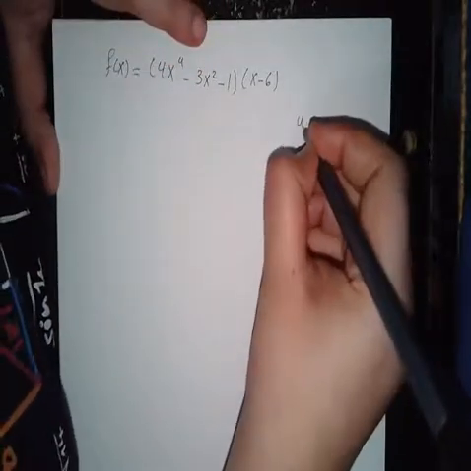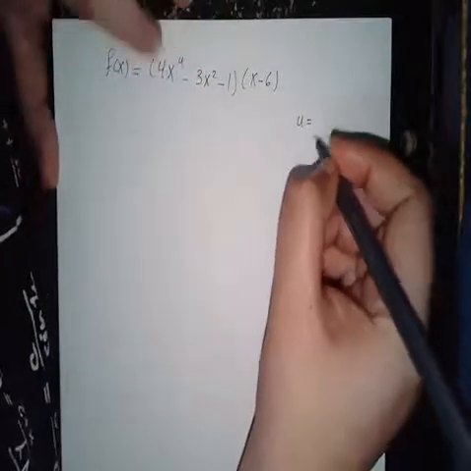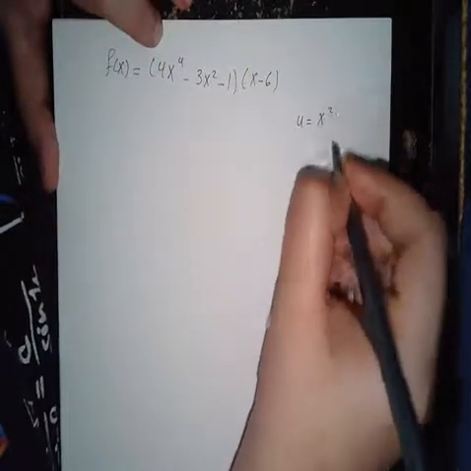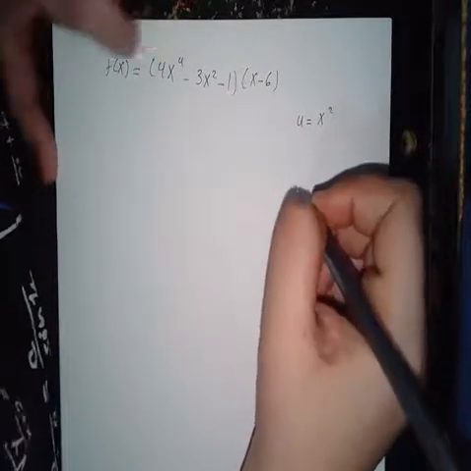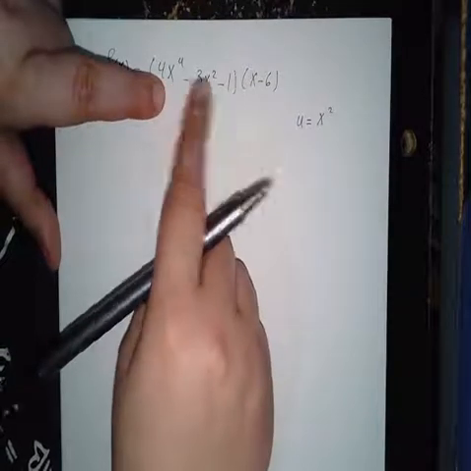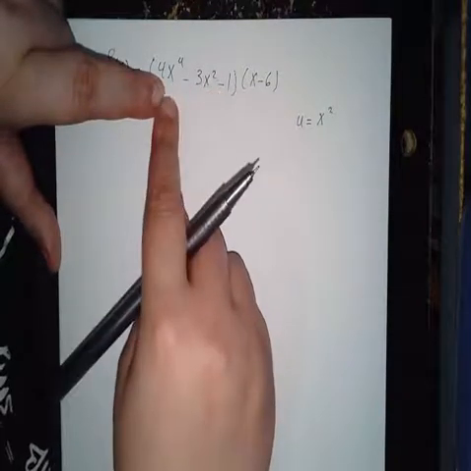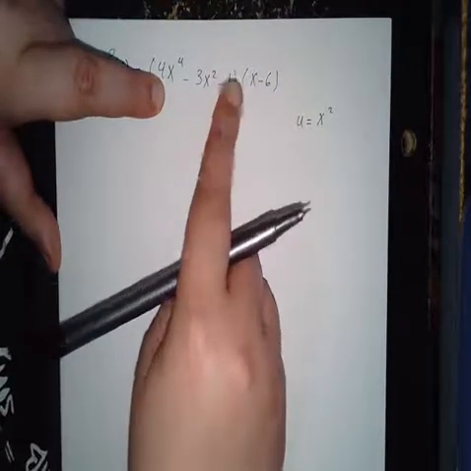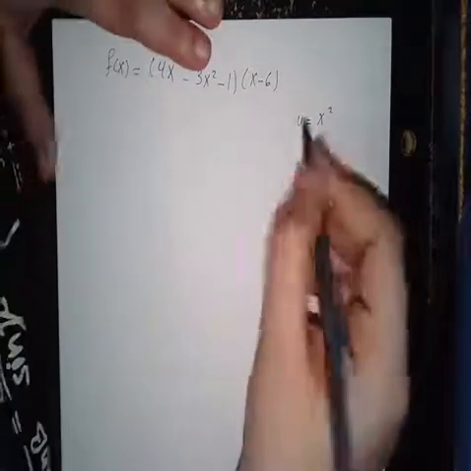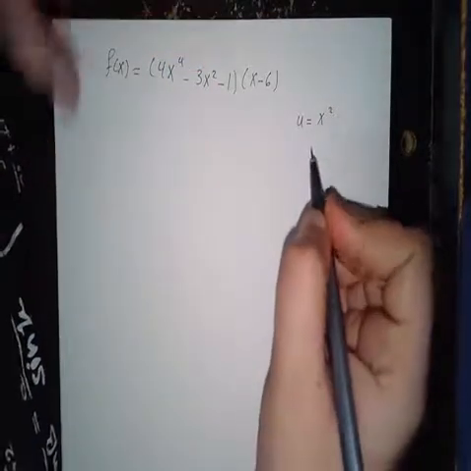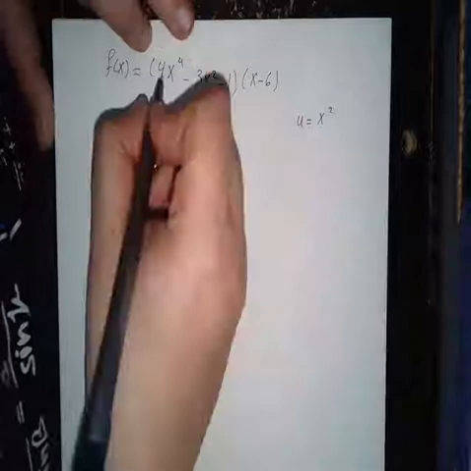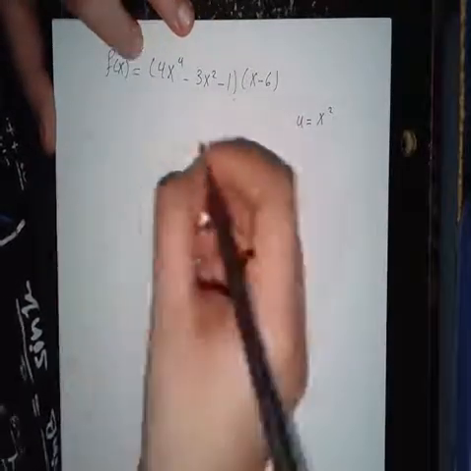So for example, I could call u to be x squared. And the reason I think I can do this is because you don't have x to the third and you don't have x to the first. You just have x to the fourth and then x to the second and then the 1, right? So if I turn the x squared into a u, that means this function now looks like this.